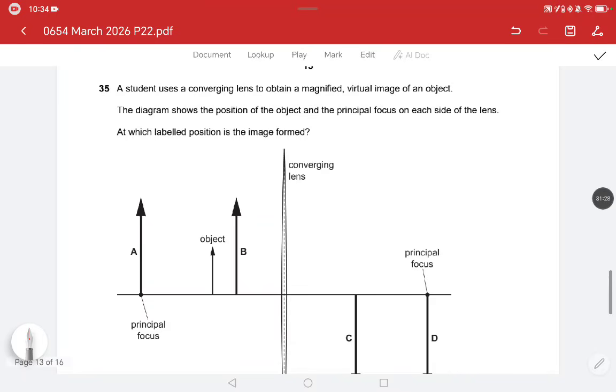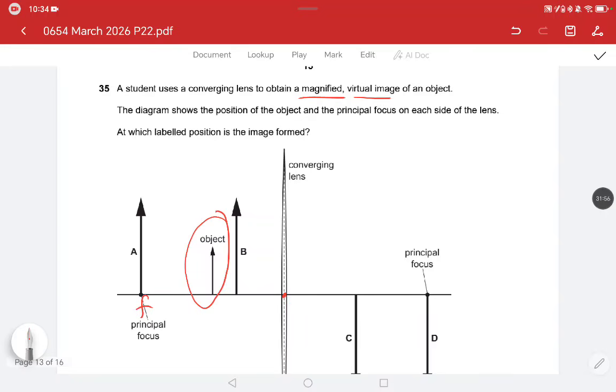Question 35. We are talking about a converging lens and to obtain a magnified virtual image. And remember, the magnified virtual image happens only if the object is between F and the center of the lens, like they give you here.